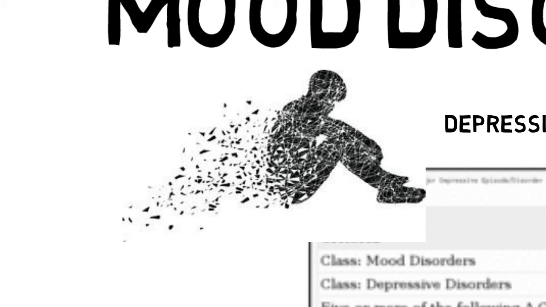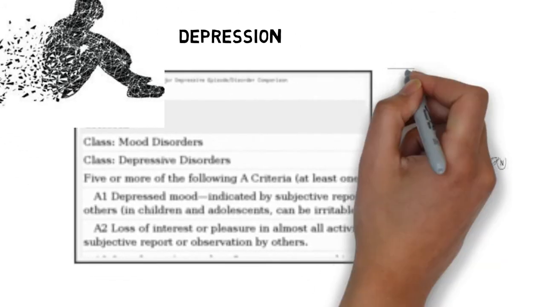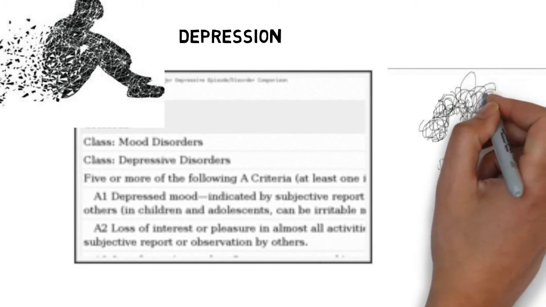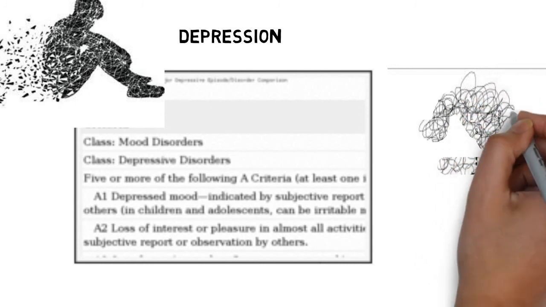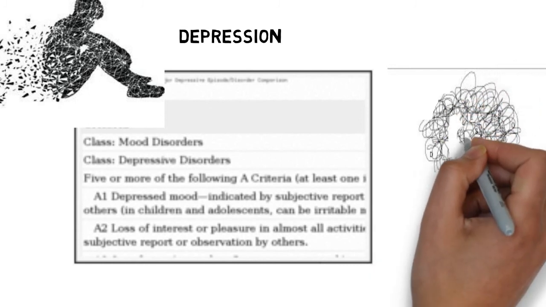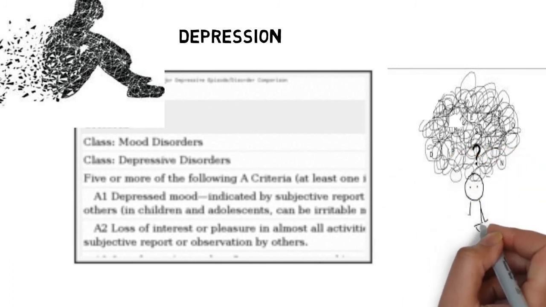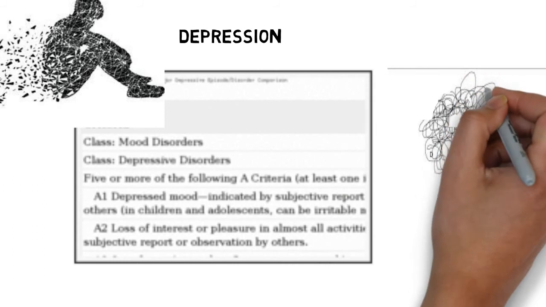You're not seeking pleasure. You basically are neutral to things that would normally give you pleasure. So you have to have one or the other of these to get past that first criterion.